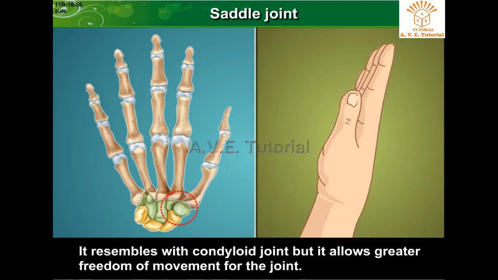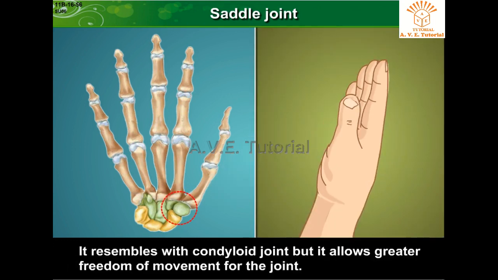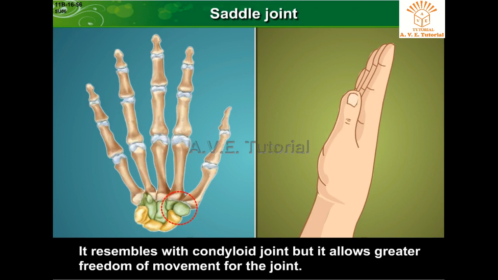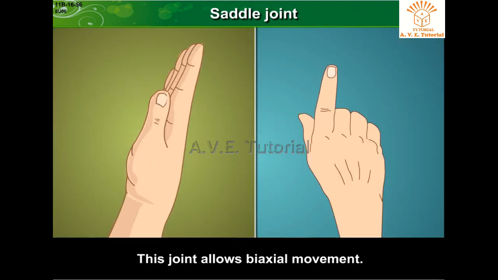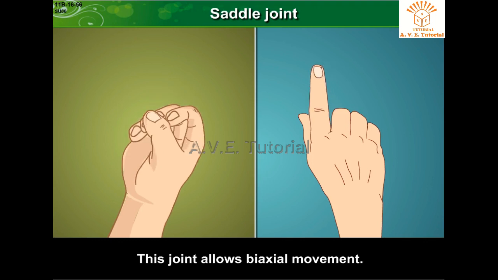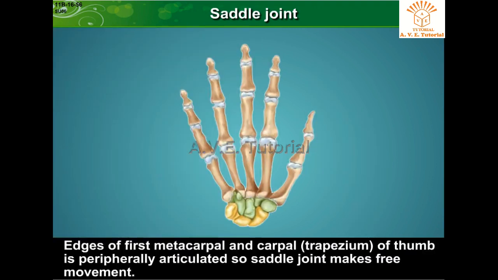It resembles the condyloid joint, but it allows greater freedom of movement. This joint allows biaxial movement. The edges of the first metacarpal and carpal, that is the trapezium of the thumb, are peripherally articulated, so the saddle joint makes free movement.